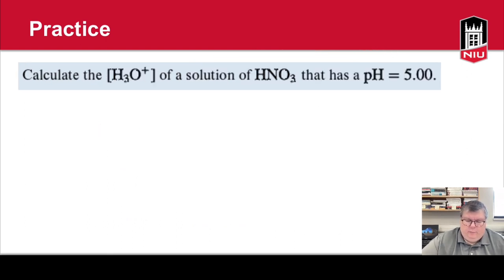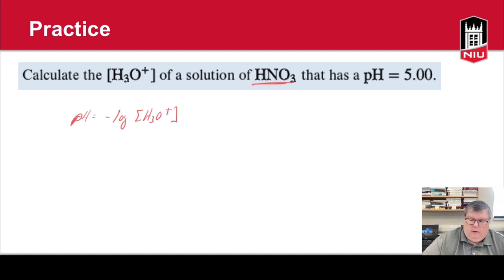Let's calculate the H3O+ concentration of a solution that has a pH of 5.0. So we know that pH is equal to negative log of H3O+ concentration. So we also know that HNO3 is a strong acid, which means that all of the HNO3 has gone to H3O+.